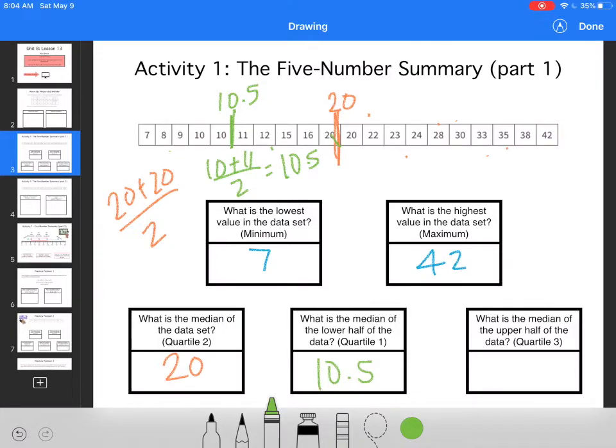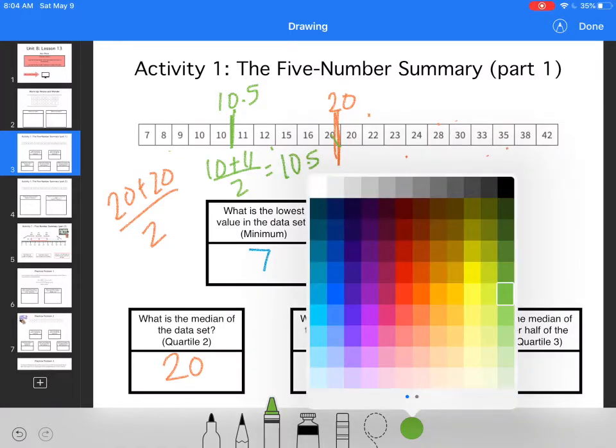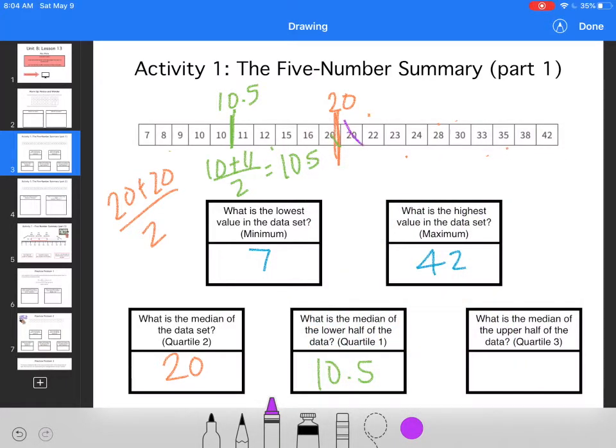All right, and then I have to find the median of the upper half of my data. So again, I'm finding the quartile 3. I have 2 numbers in the middle, so 28 plus 30 divided by 2 is going to give me 29.